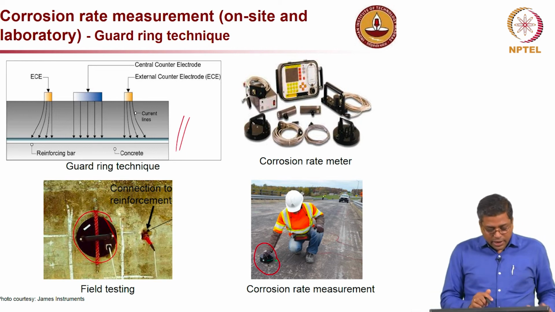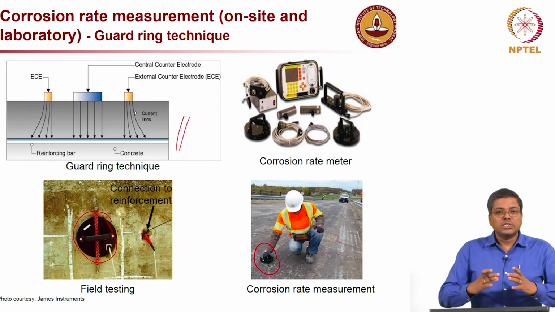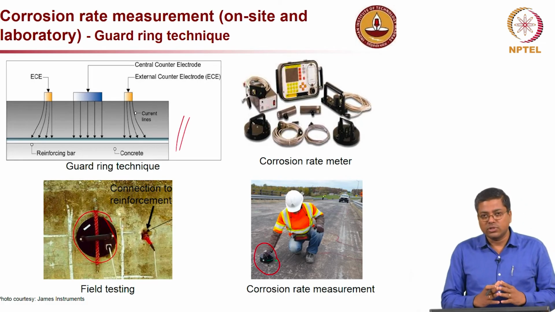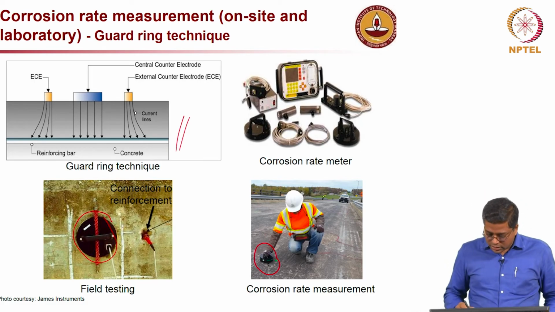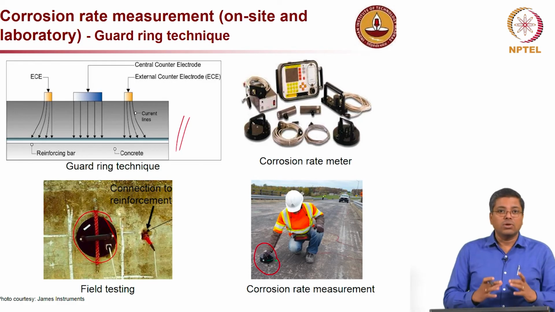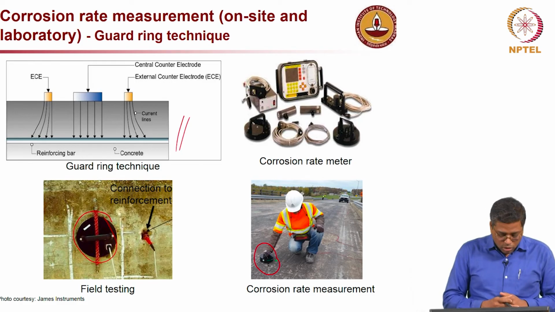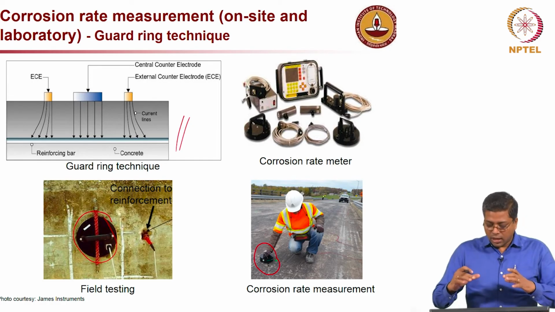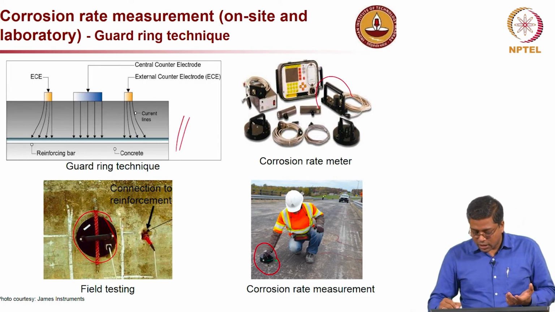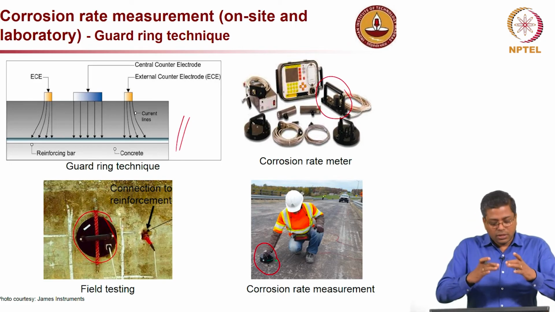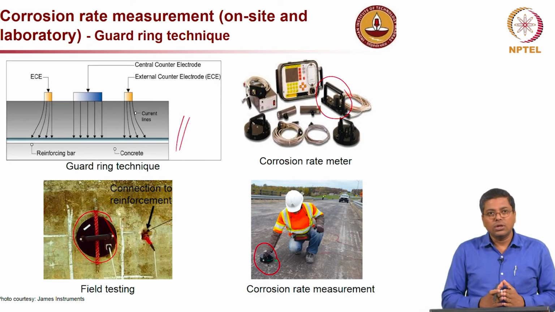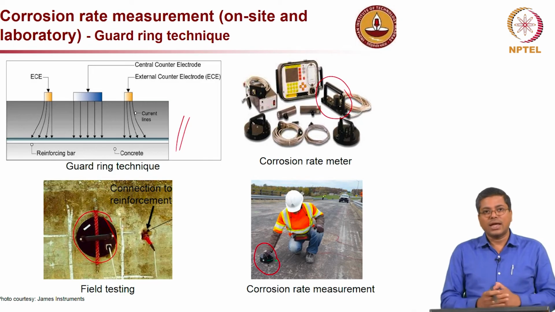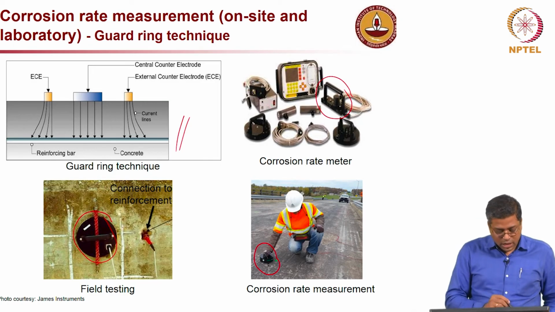Anyway, the idea is you confine a small region of the reinforced concrete system, the region just below this circular electrode. There are also rectangular electrodes, but the point is you confine just the area below the electrode and take the measurement only in that region. So, that is the guard ring technology.